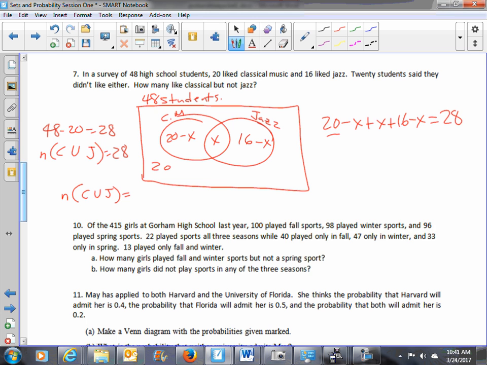So 20 plus 16 is 36. Minus X minus X becomes minus 2X equals 28.